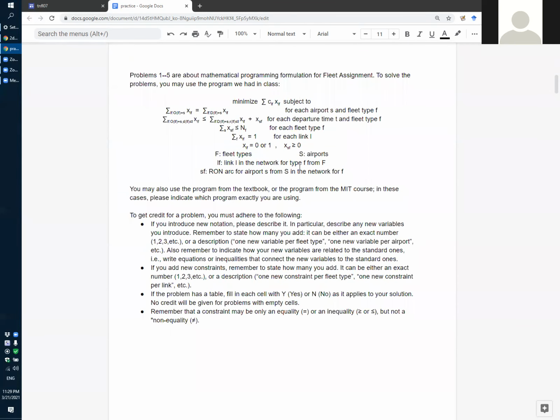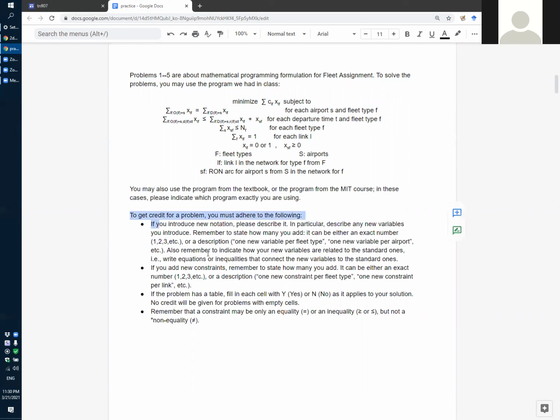Then the second page of the exam contains the mathematical program for the fleet assignment, something that we will study first in this course. So don't worry if it doesn't make sense to you now. It should by the time you have done homework 1, and certainly should make sense by the time of the actual exam.